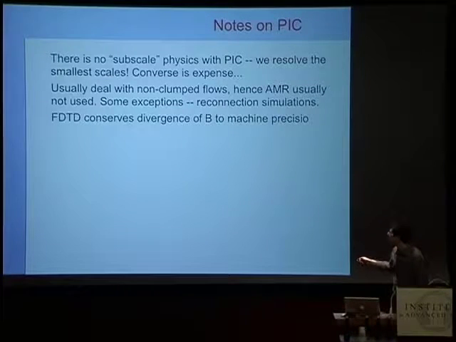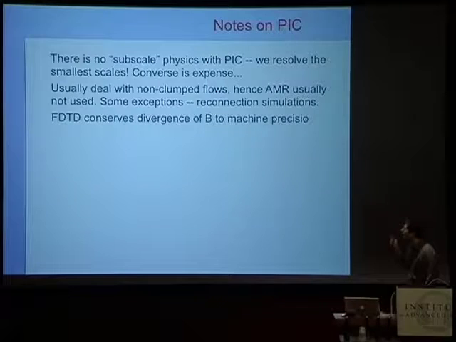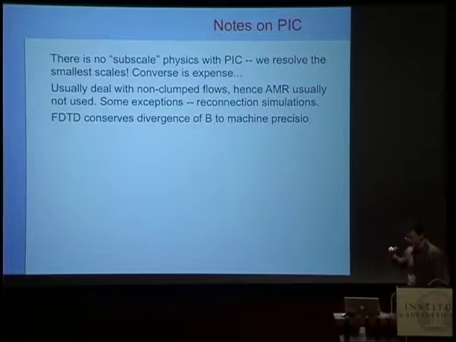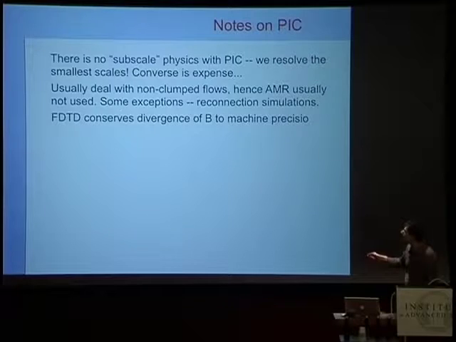Most of the problems I've dealt with are fairly isotropic, and they don't involve considerable clumping in places. If you think of these PIC codes as basically particle mesh codes, then the difference with gravitational particle mesh is that we have two signs of charge. So we not only have attractive forces, we also have repulsive forces. That's why there is no gravitational collapse, and these plasmas don't form very sharp spikes in density.